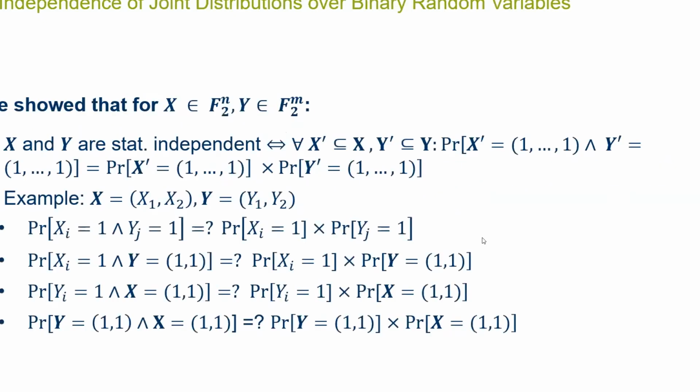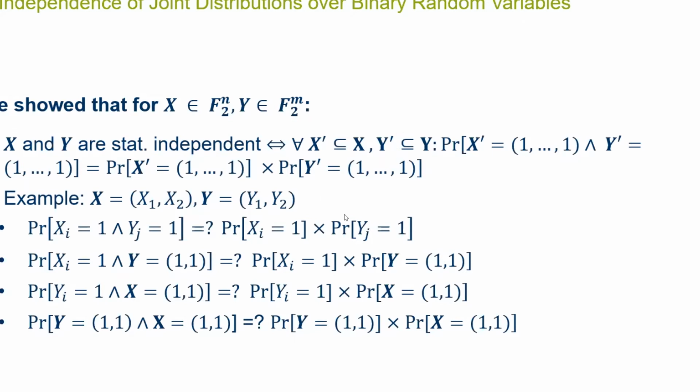Then we extended this approach to joint distributions over binary random variables. Now we consider two sets of binary random variables, x and y. To show that the joint distributions over these sets are statistically independent, one can show for every subset that the event that the random variables in one subset are equal to 1 is statistically independent of the event that the random variables in the other set, for example y, are equal to 1.